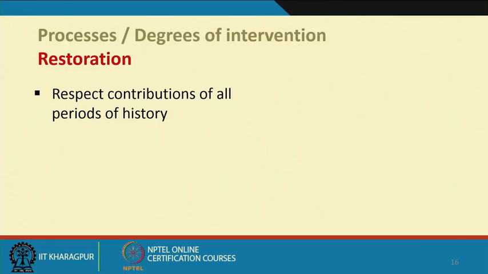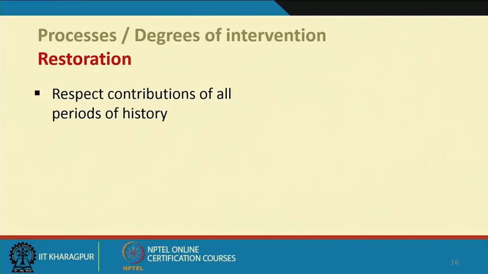Now, while talking about restoration, there are also certain other things which we generally talk about. One is that we respect the contribution of all periods of history. You can see that this is a little bit different from what Barachata said. When we are talking about history, we are talking about a very long time, and there can be an individual structure or a group of structures.